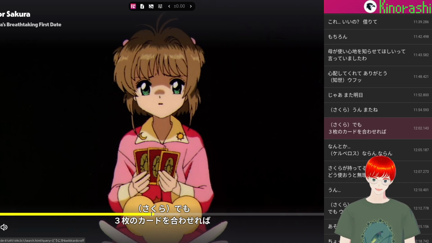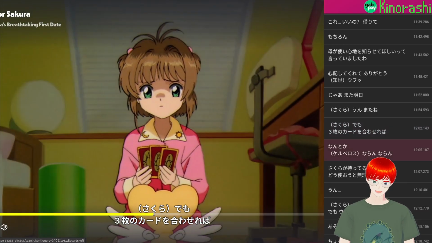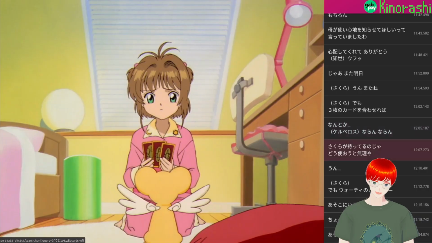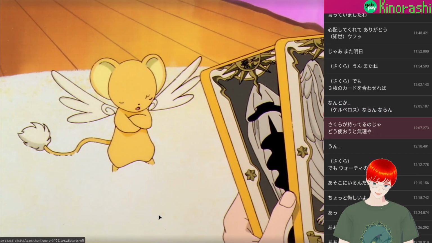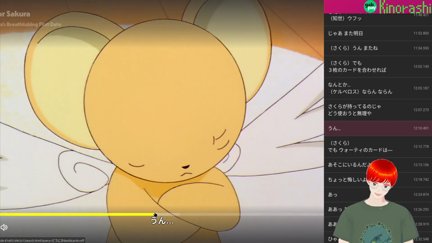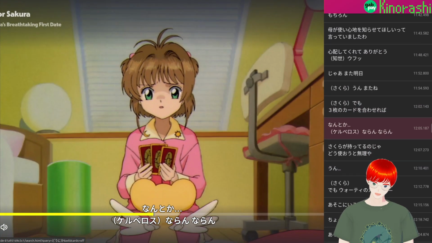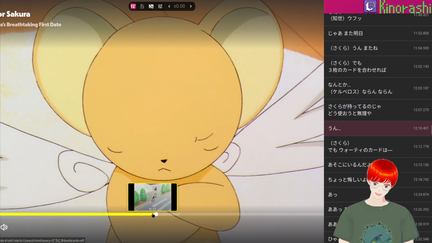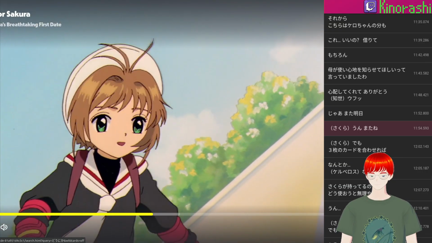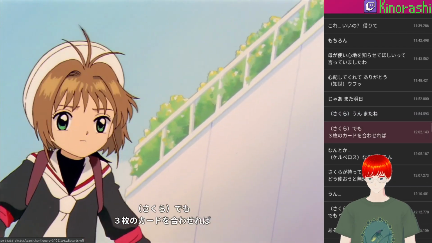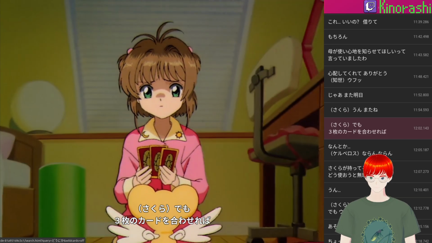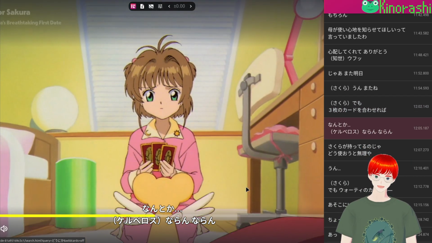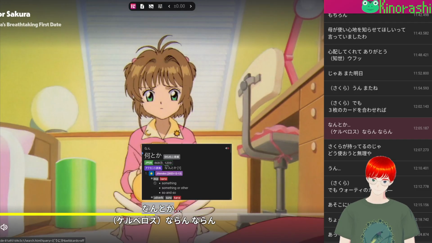でも3枚のカードを合わせれば、なんとかなる。さくらが持ってるのじゃどう使おうと無理や。Nantoka, somehow.